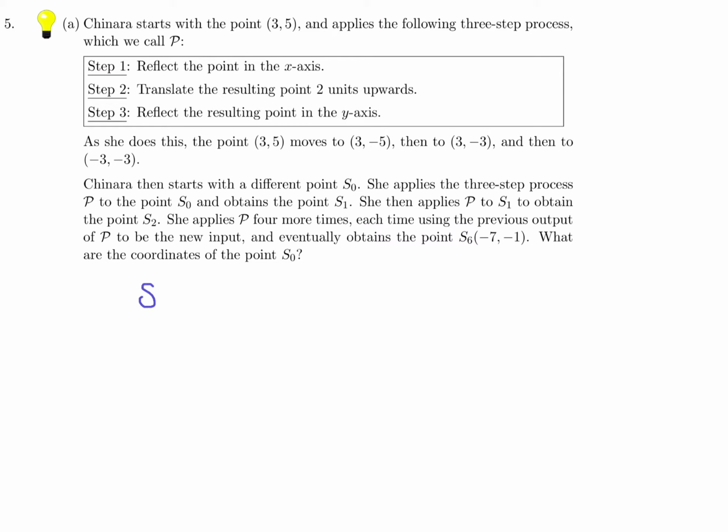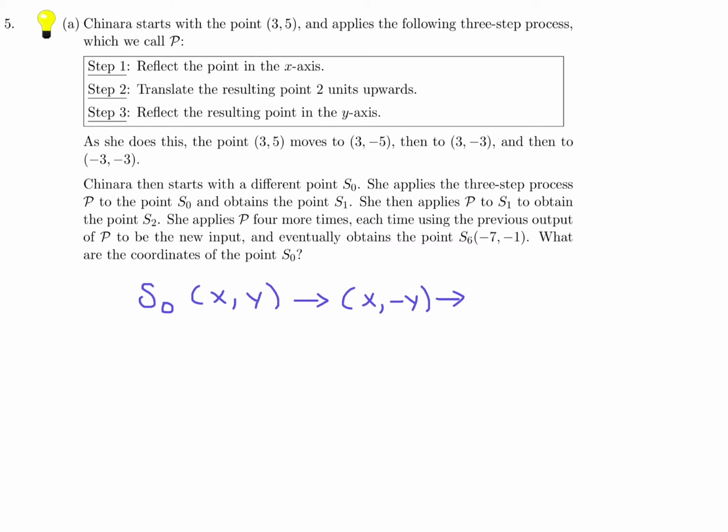Well, S0, I have no clue, so I'll just call it (x, y). And let's see what happens when we start this process. When you reflect something in the x-axis, the x-coordinate stays the same, but the y-coordinate becomes the negative of what it was.